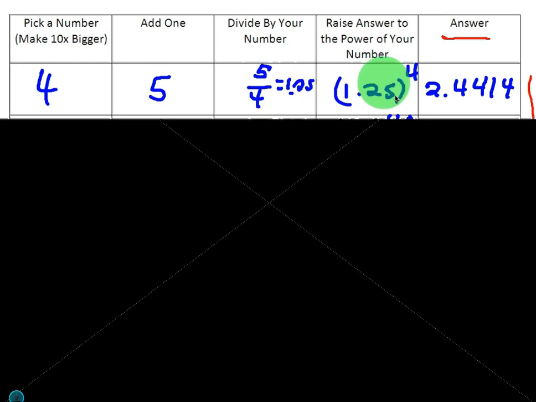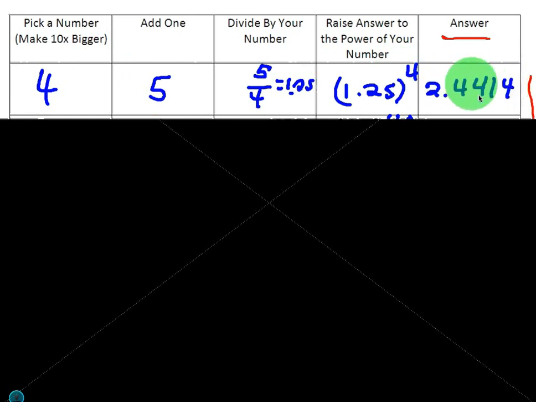Then you're going to take that number and raise it to the original. Your original number will be the power, okay? So let's say you chose 7. You should have 8 over 7, which will give you something. You'll raise it to the 7th power. And you'll get an answer back, and you'll put your answer in that column.